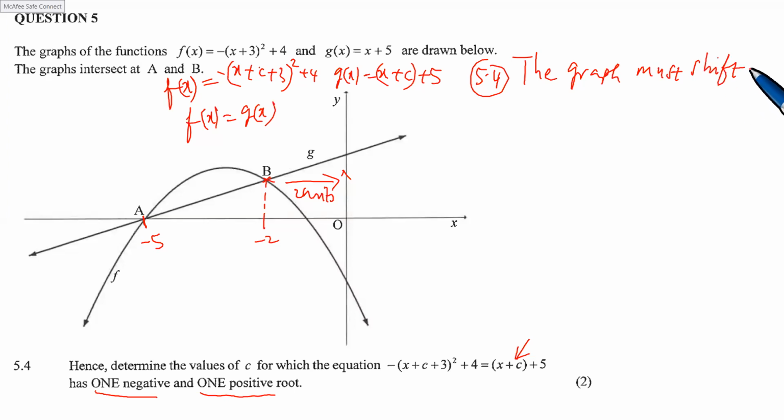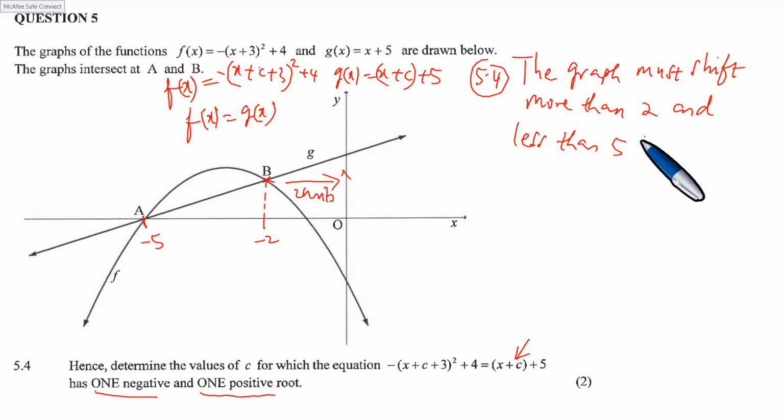This is a shift or a translation, a transformation of the graph. It must shift more than 2 and less than 5 units to the right.